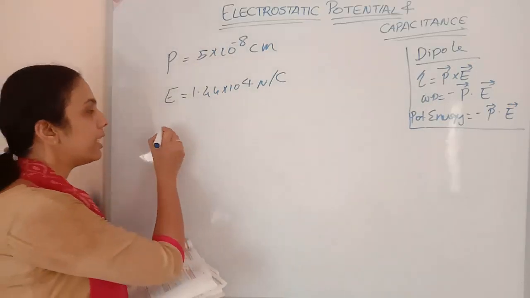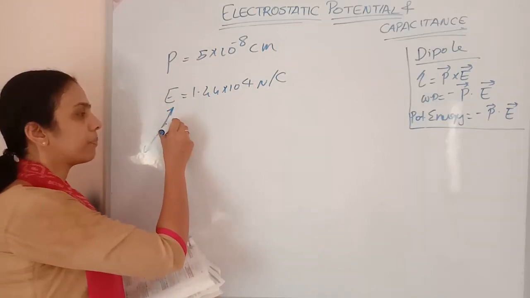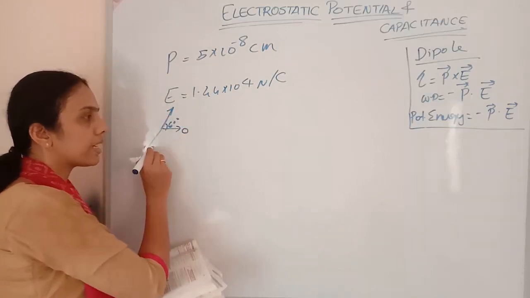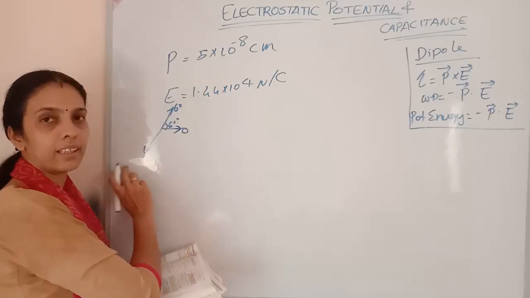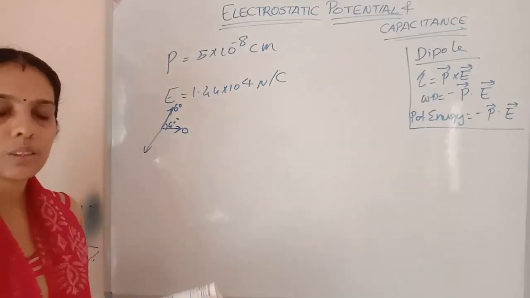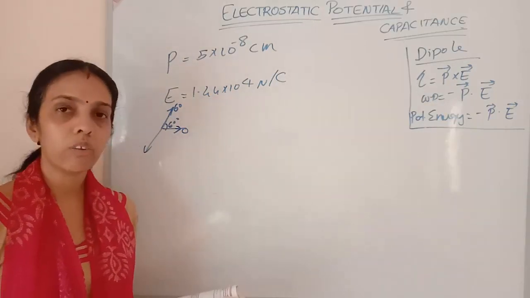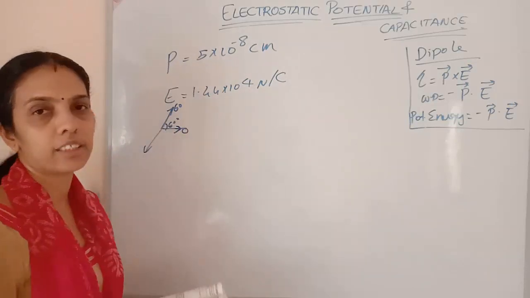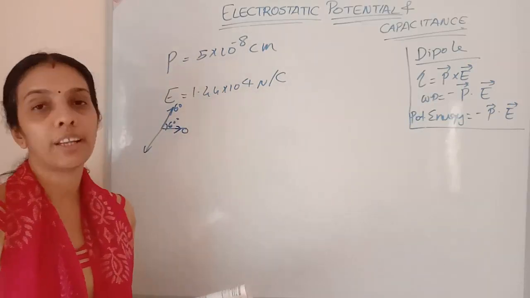So from the electric field, we need to keep the dipole at 60 degree. Initially it was 0, now it is becoming 60 degree. So theta 1 is 0 and theta 2 is 60 degree. How can we find the value of this, not torque, potential energy?